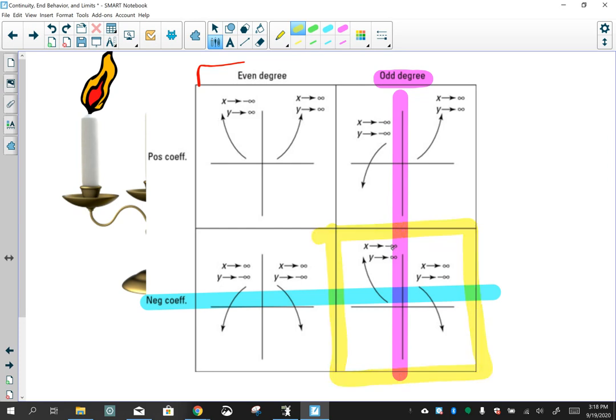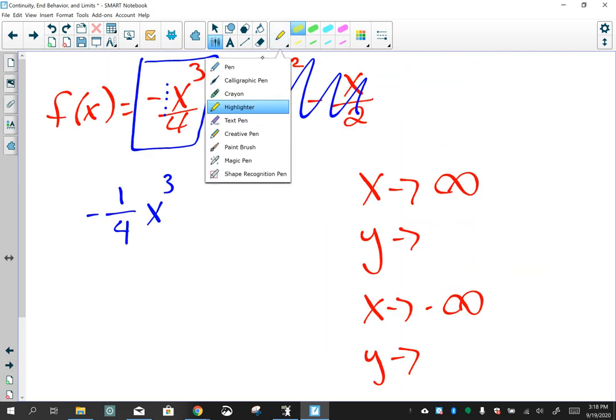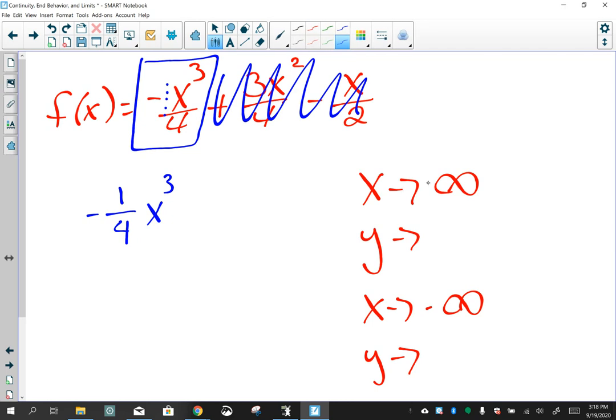So as my x's go negative, my y's are going positive. And as my x's are going positive, my y's are going negative. So if you did this correctly, as x goes to positive infinity, I get negative infinity for my y's. And as x goes to negative infinity, I get positive infinity for my y's.